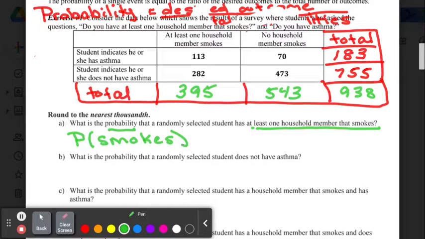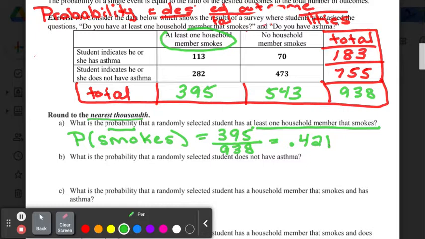I'll write this out for now. So we have how many smoke, that's this column right here. So we have 395, and we divide by the total, 938. So 395 divided by 938, our directions say round to the nearest thousandth. So it's 0.421. So our probability is 0.421.